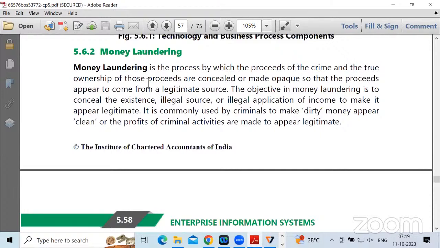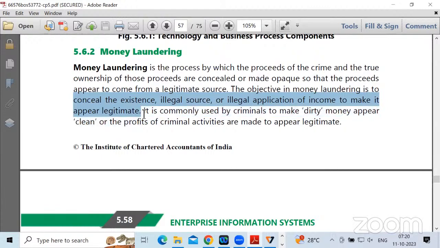So what is money laundering? Money laundering is the process of converting dirty money or crime money into original or white money, accounted money. The crime and true ownership of these proceeds are concealed so that the proceeds appear to come from a legitimate source. I repeat, it is to conceal the existence, illegal source or illegal application of income to make it appear legitimate.